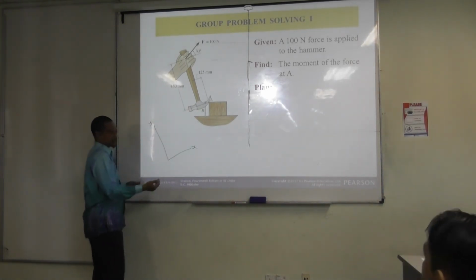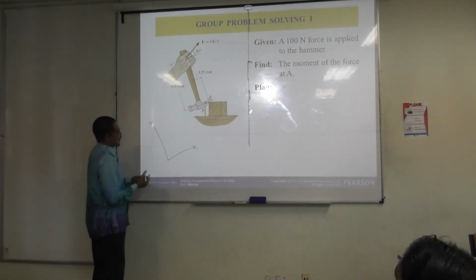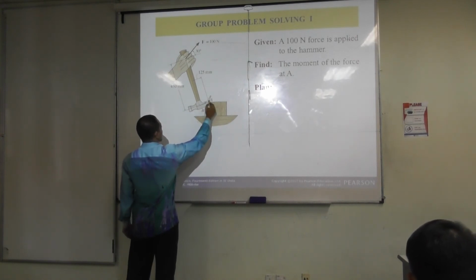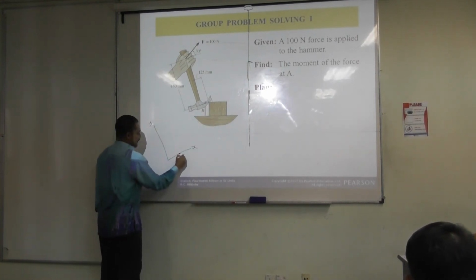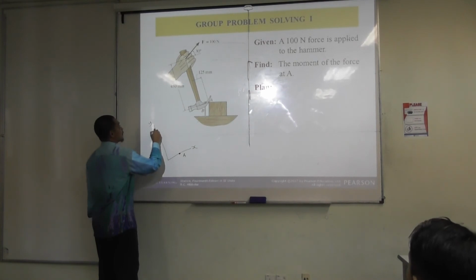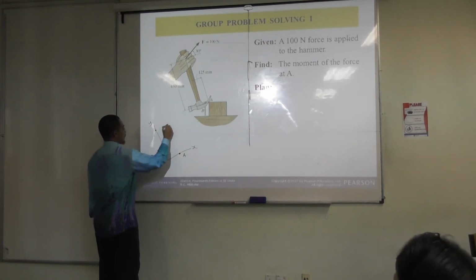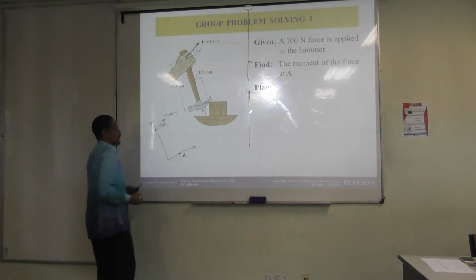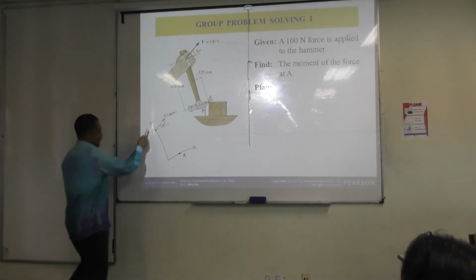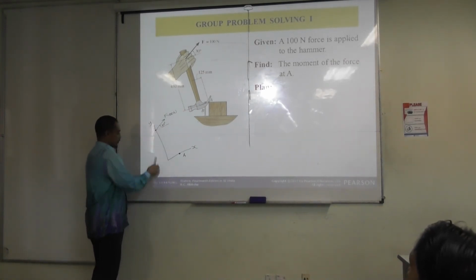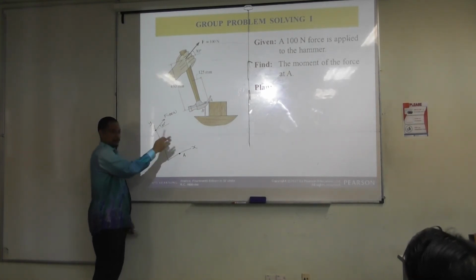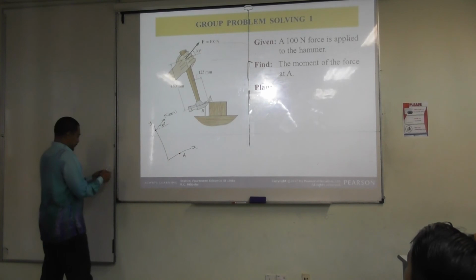Point A is here, and the force is somewhere there, making exactly 30 degrees. If you follow this axis, it will be easier. If you use the normal x and y, it is much trickier to get that data. It's longer, right?